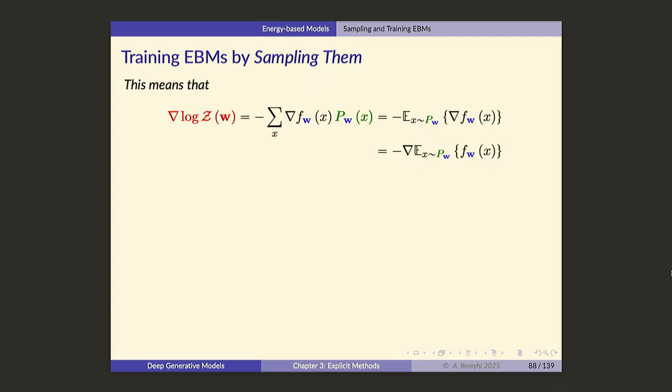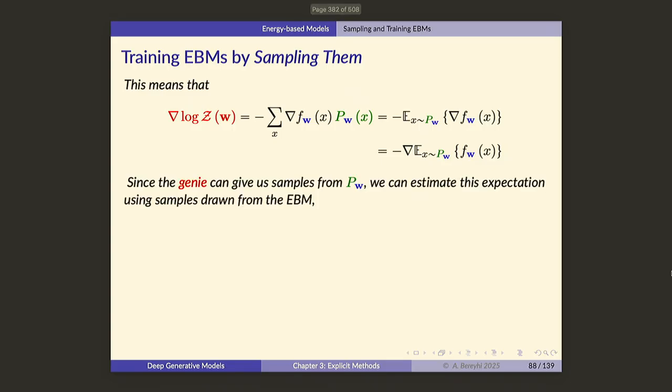That is the estimator of the expectation you are looking for. So if I have access to the genie who is able to sample from the Boltzmann distribution, then I can approximate that expectation under the gradient, because this expectation is approximately the empirical average over the samples given by the genie. Everybody's clear?